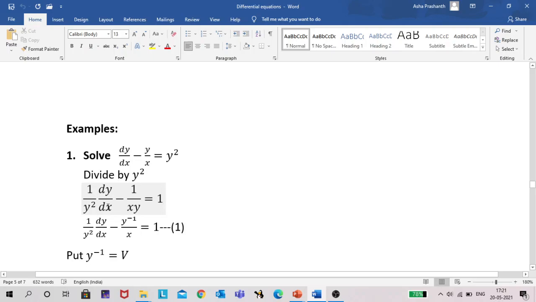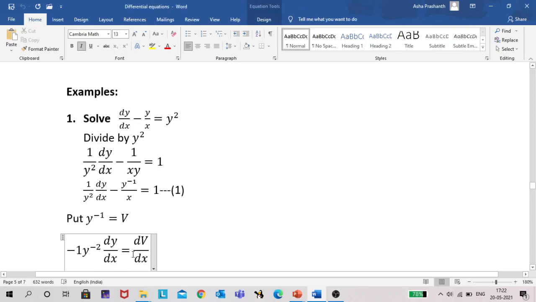The first term as it is, and I am taking this y to the numerator. You will get y to the power of minus 1 by x is equal to 1. Here p and q are functions of x. The p value is 1 by x, so its coefficient is y to the power of minus 1. So I am taking y to the power of minus 1 as v.